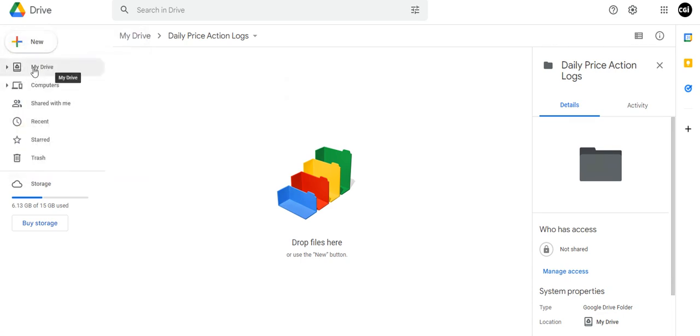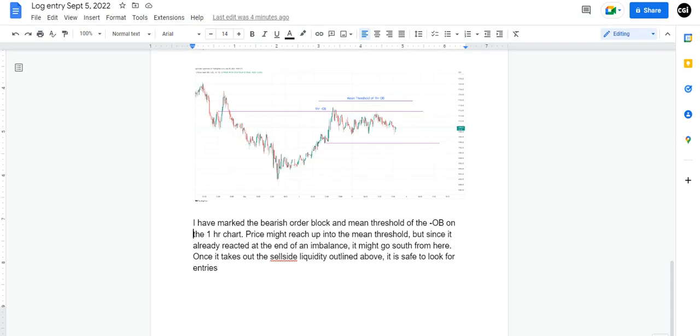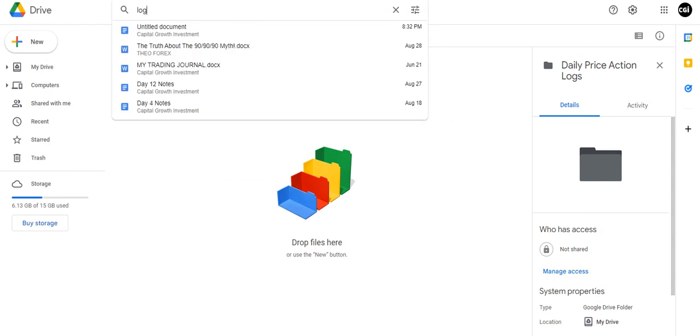So if you search your drive, let me just search if I can find that file here. Log entry, sorry. Why can't I find it here? Log entry.